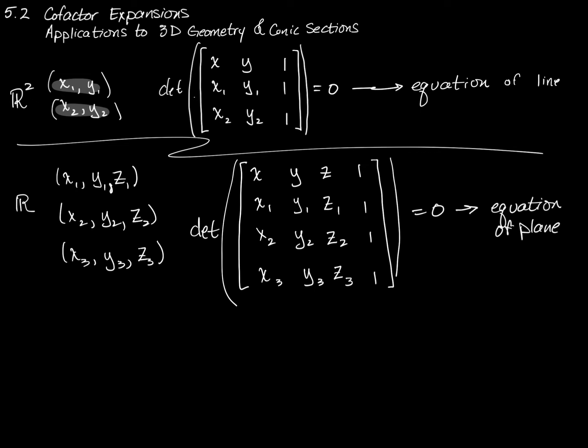Now on the previous screen I had 4 points. Here I only have 3. I have added a generic X, Y, Z. X1, Y1, and Z1, X2, Y2, and Z2, and X3, Y3, and Z3 are all specific values. We just don't necessarily know what they are. These are all specific numerical values.